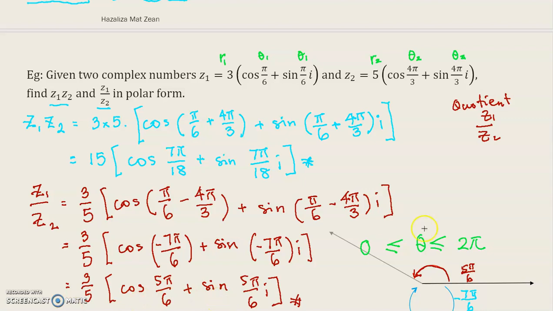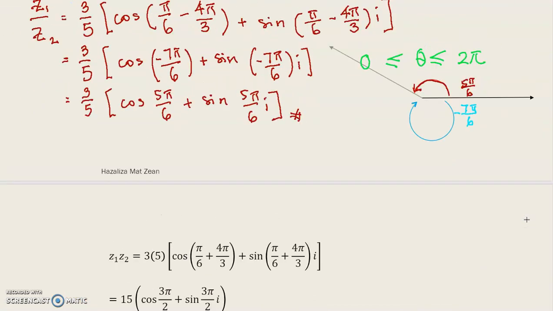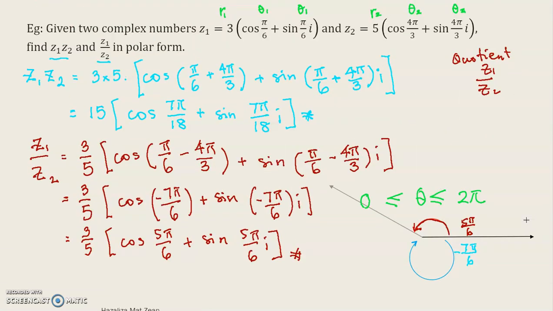So we check the answer. This one, cos 3 pi over 2.